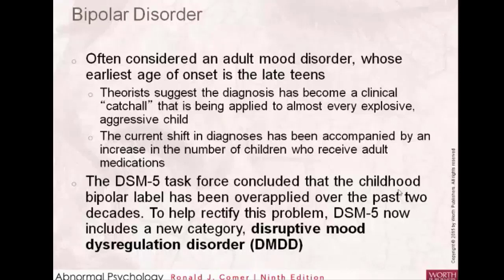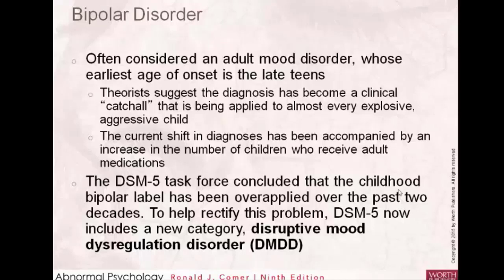So there's concern, and part of the reason that we're concerned about the overdiagnosis of bipolar disorder in children is that we have medications to treat bipolar disorder, and so they're often given to children and maybe given off-label. So the medications might be intended for adults but might be prescribed in children, or sometimes individuals who have bipolar disorder, including children, might be given antipsychotic medication as well. So we're concerned about that.